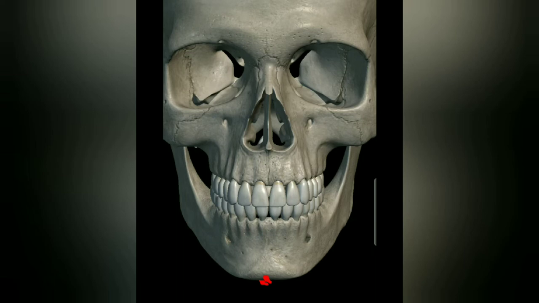The anterior surface of the body of the mandible presents the symphysis menti, the mental protuberance, and the mental tubercles anteriorly. See, this one is the symphysis menti. The mental protuberance is somewhat here. Now coming to the mental foramen, which is present below the interval between the two premolar teeth, transmitting the mental nerve and vessels.